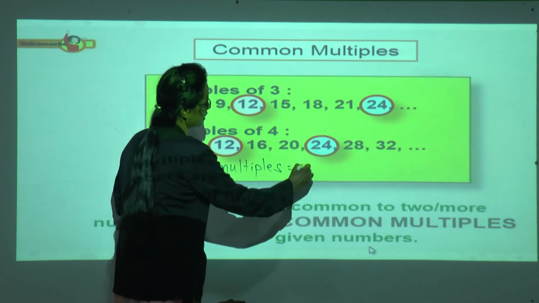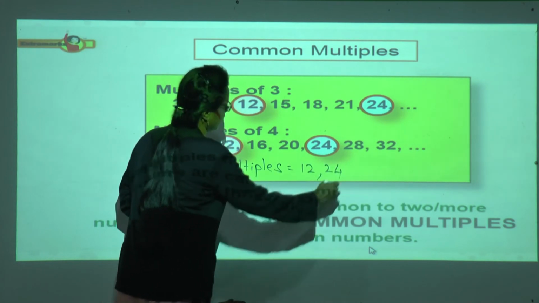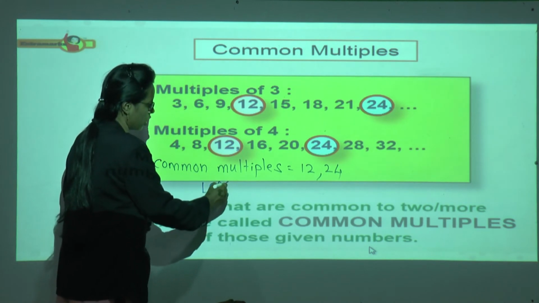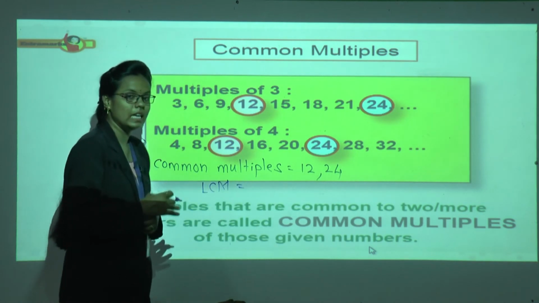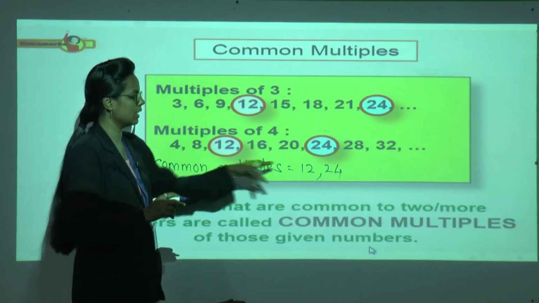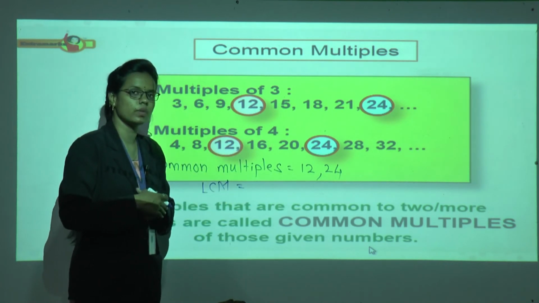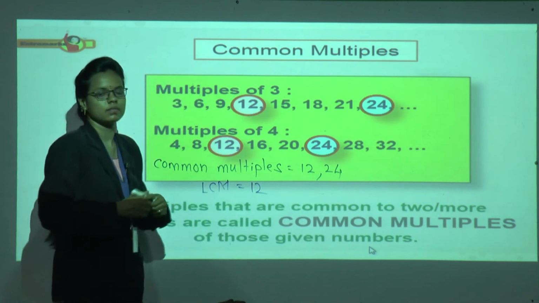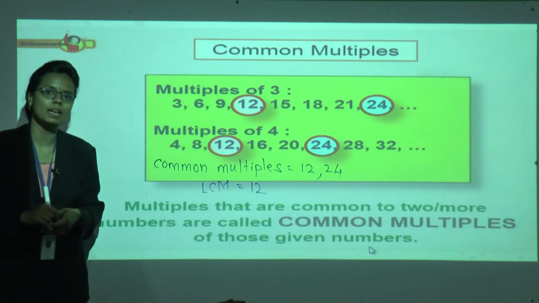The common multiples are 12 and 24, right? Now we have to find the LCM. Among these 12 and 24, which is the least one? Yes, it's 12. In this way we find the common multiples.